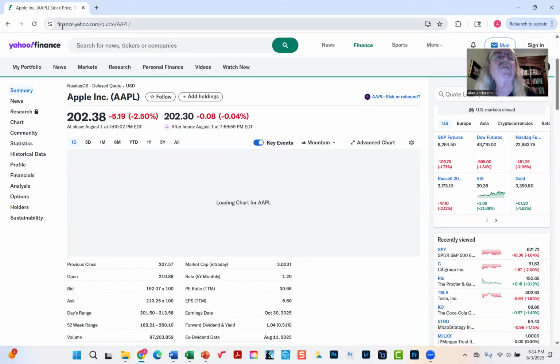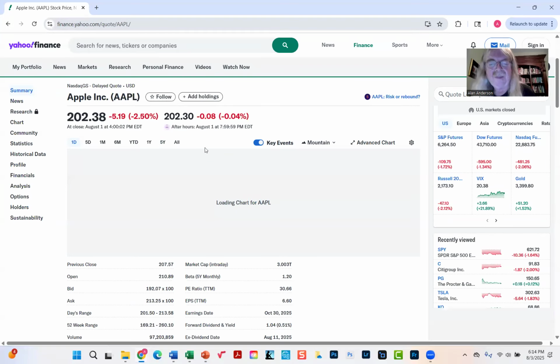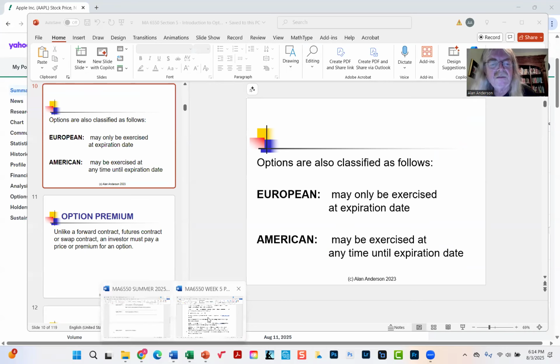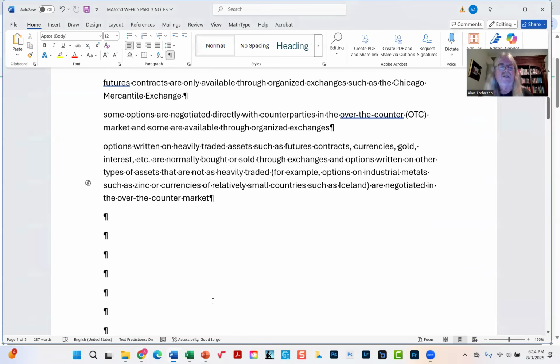If you missed that, it's finance.yahoo.com. If you've never used this website, it's a good source of financial data that we use.